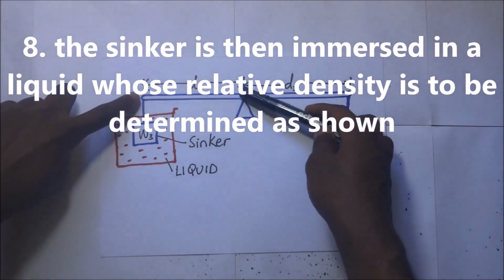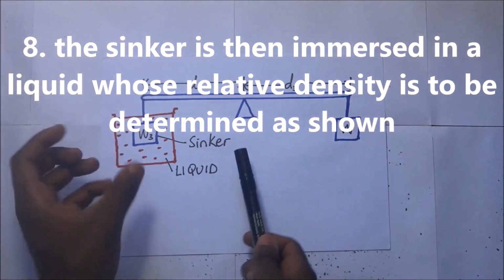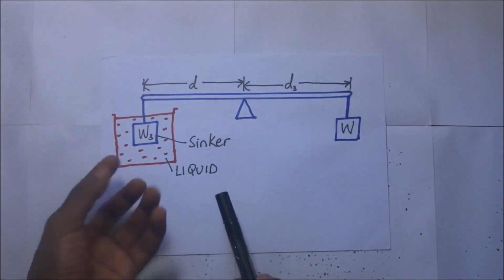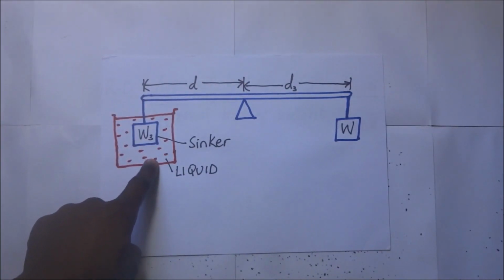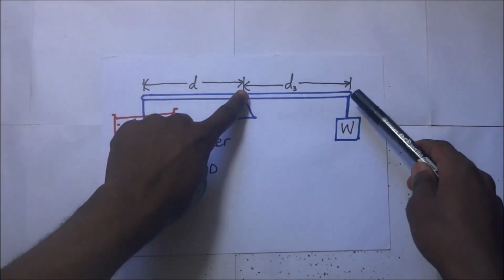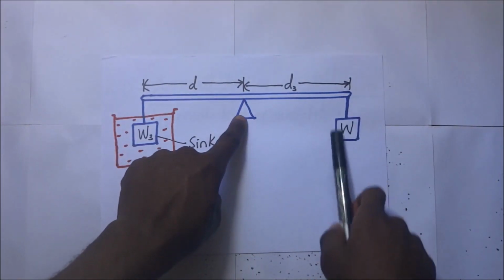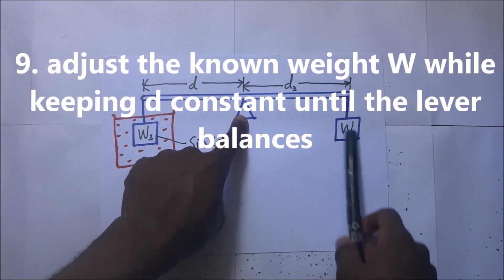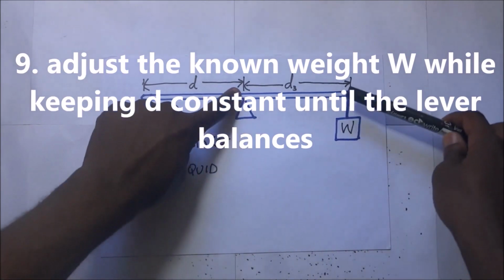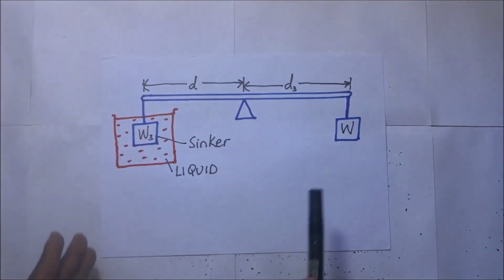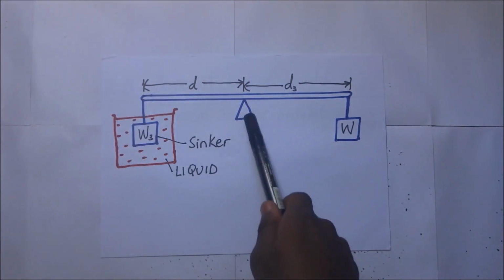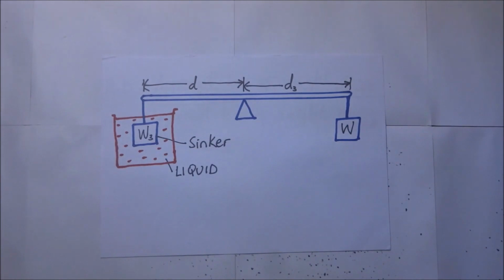We have kept this D still, it is still constant. We take away the water and so we dip this sinker into a liquid whose relative density we are looking for, and we adjust this known weight, and we get another distance from the pivot. We call it D3. And after doing that, we go ahead and find moments about the pivot.